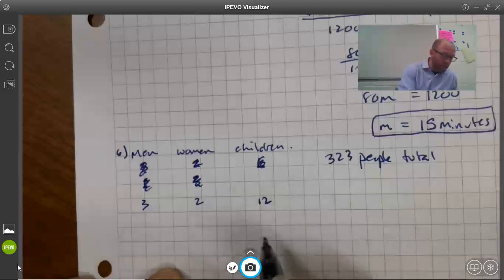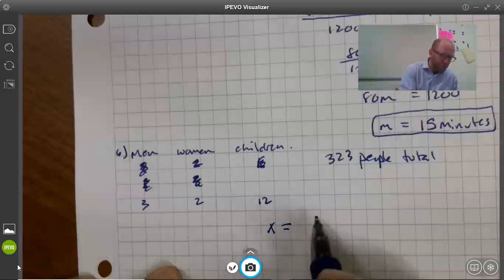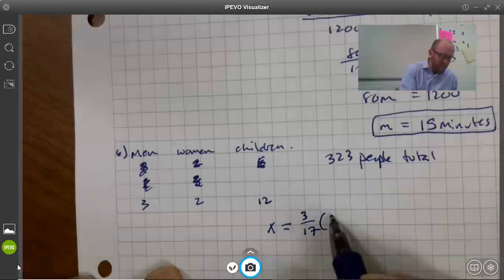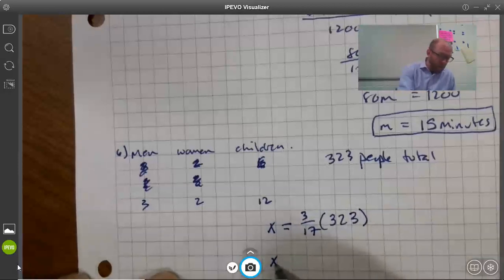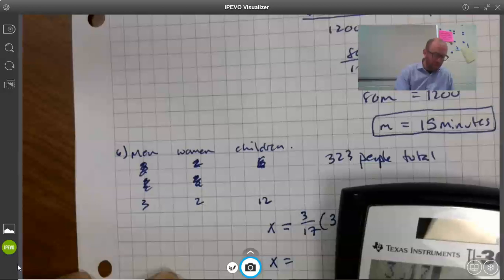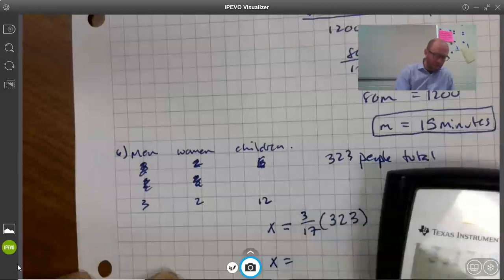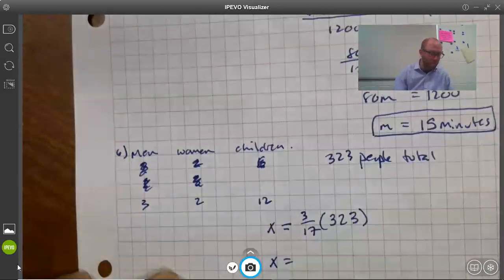So that means that the number of men is equal to 3/17 of the 323 people there, right? Or x equals 3/17 times 323, which is 57 men.